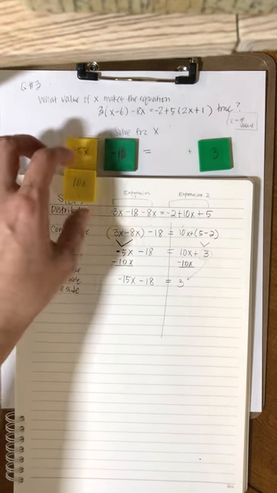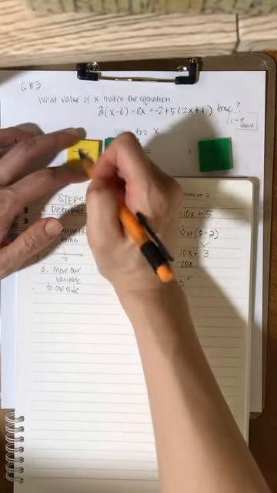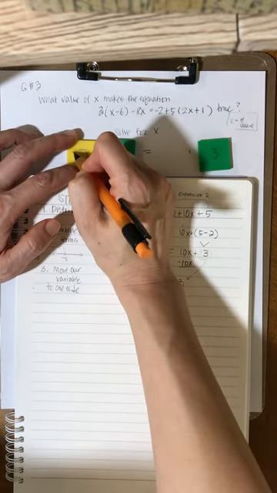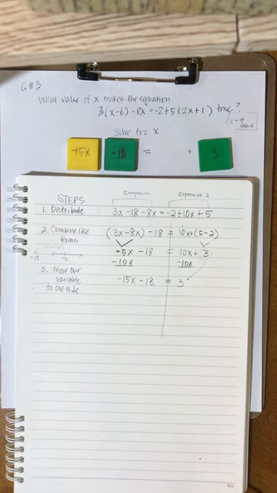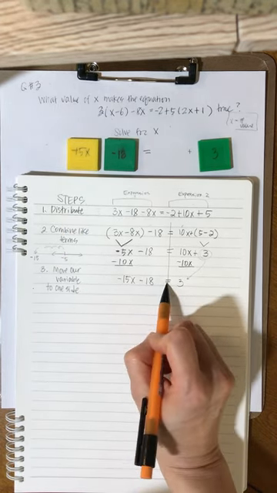So there we go. We're going to bring it down, subtraction of 18. So hopefully this is all starting to work out. And I'm going to change this negative 5 into a negative 15x. That was kind of easy to do with the tiles, right? So now I've got negative 15x minus 18 equals 3.